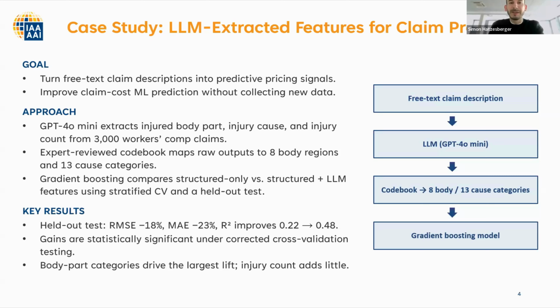We have implemented this on the basis of a synthetic, publicly available data set, which you can find in the links later on. A couple of thousand of claims descriptions. And what we did was to extract 3 separate features. The first one is the main body part which was injured.